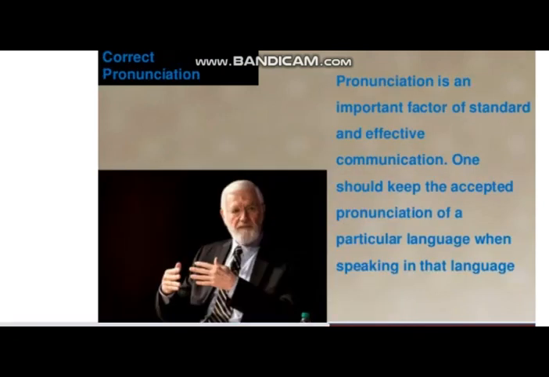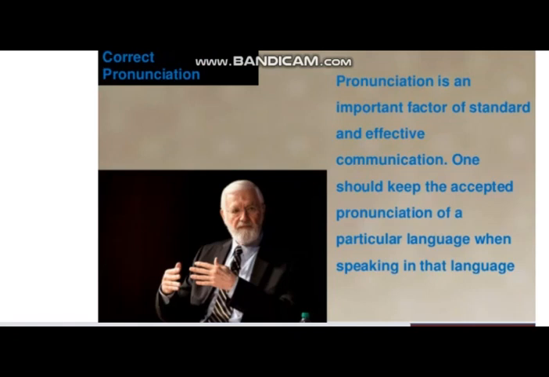Likewise, correct pronunciation. Correct pronunciation means there are certain elements like pitch, volume, stress, intonation, such like. Those things are to be taken note of.